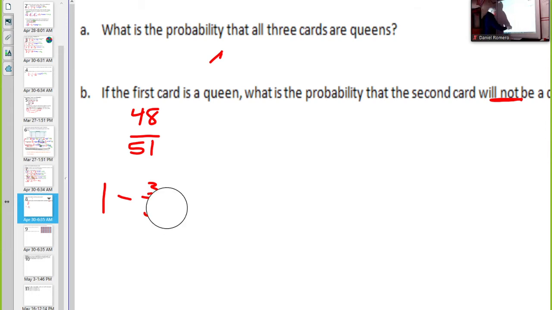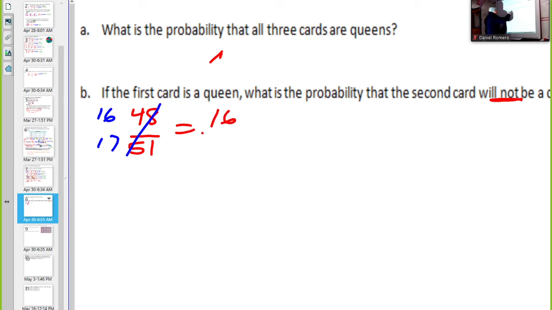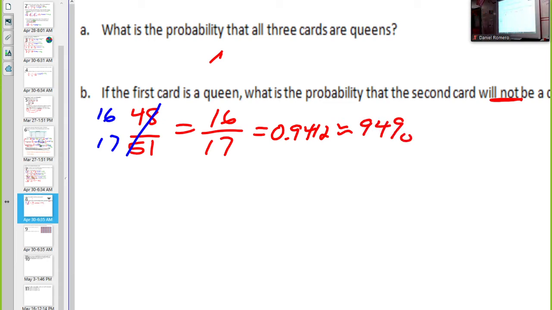This can be reduced by 3. So this becomes 16 over 17, if you reduce it by 3. So we get about 0.9412, which is approximately 94%.